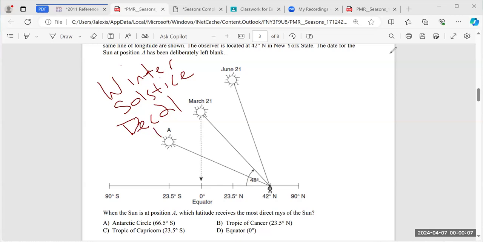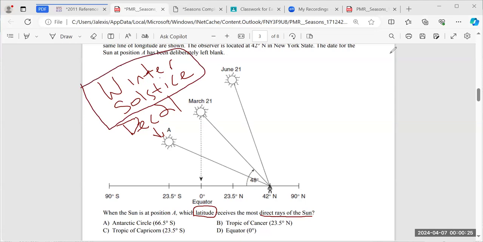Now, what's interesting about the winter solstice is that there is a latitude that receives the most direct rays of the sun during the winter solstice. Which latitude is that?